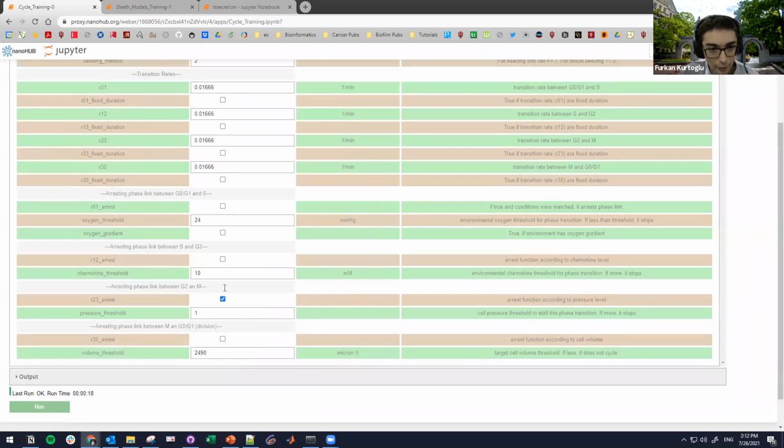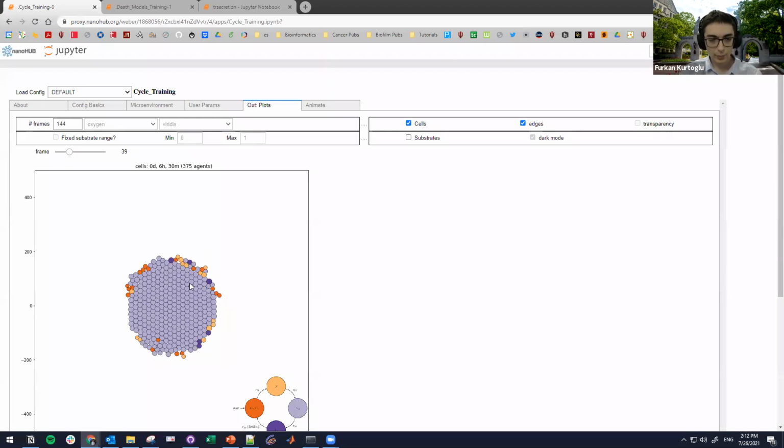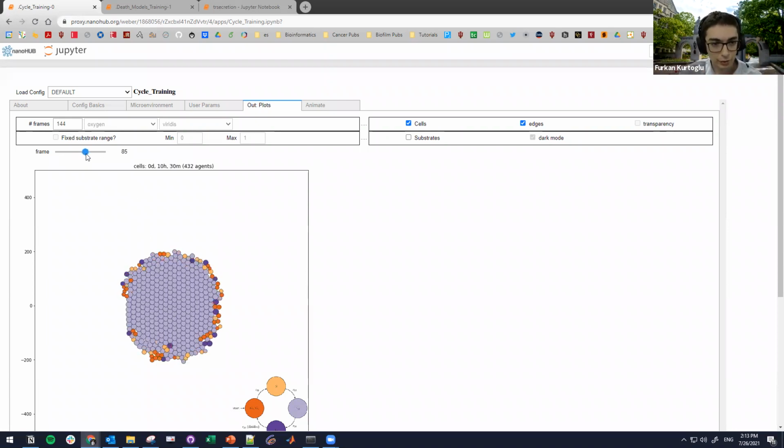So this is the pressure threshold. The pressure is calculated by the other neighbor cells, and because these have a pressure that is higher than that threshold, they cannot divide, but the other outer cells have a chance to divide.